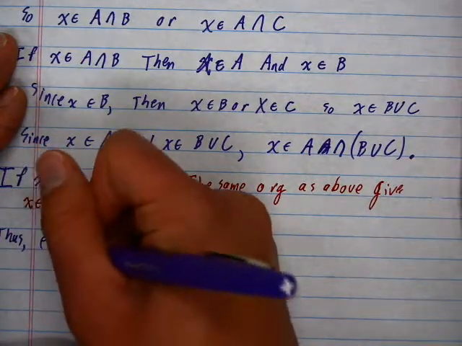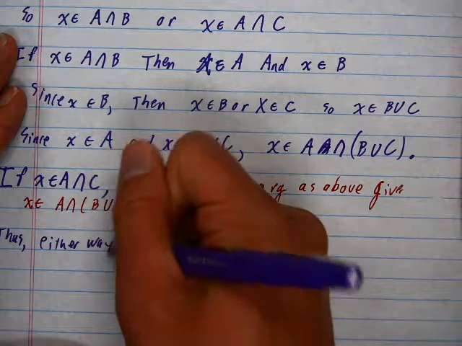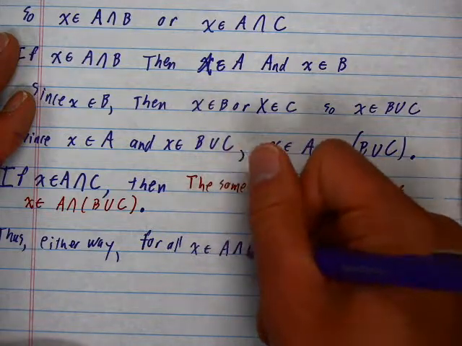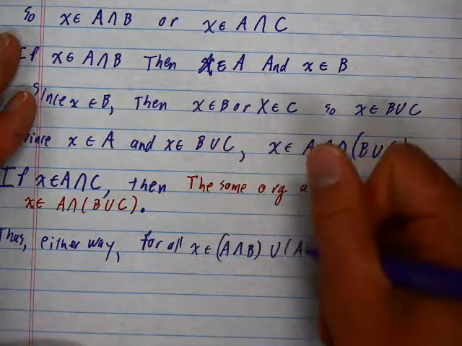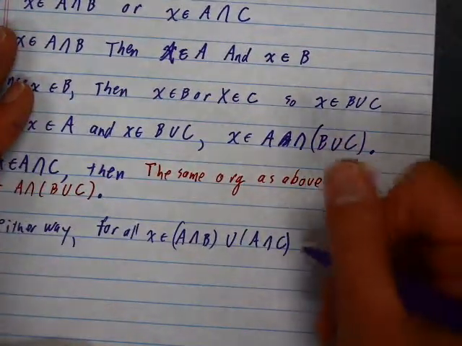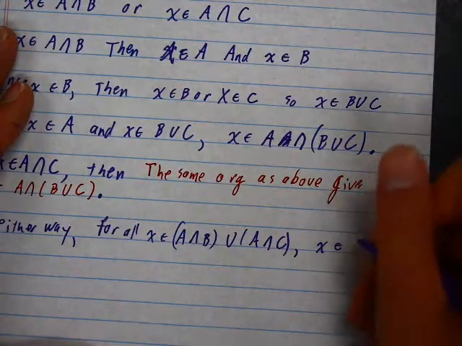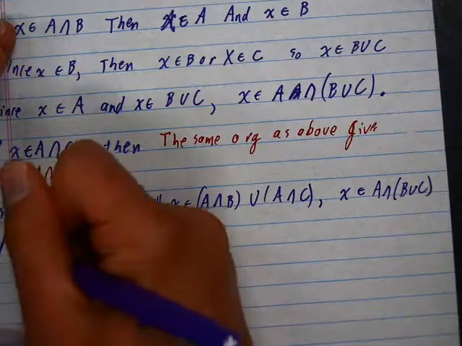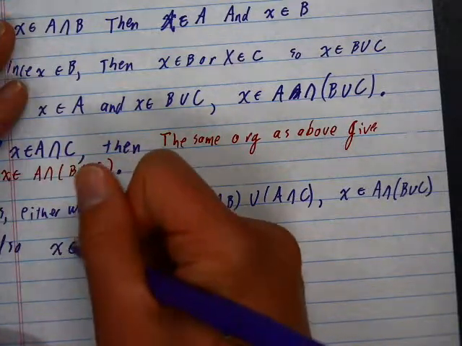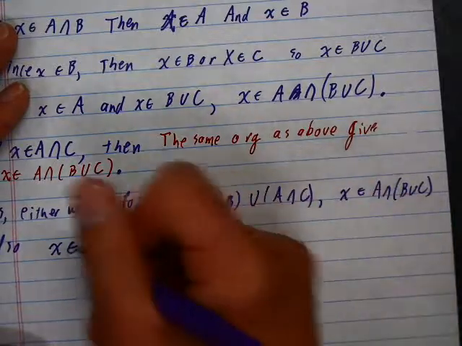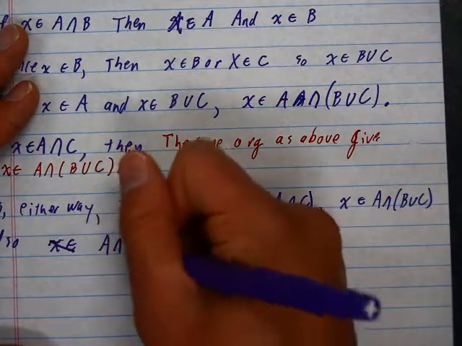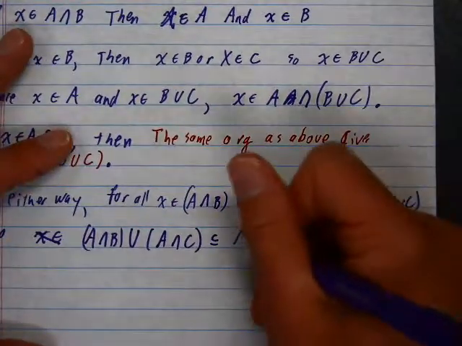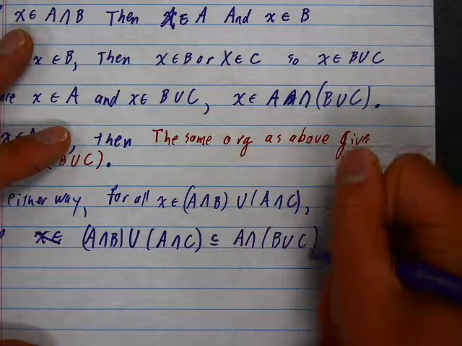Thus, either way, for all x in A intersect B union A intersect C, it follows that x is in A intersect B union C. And so A intersect B union A intersect C is contained in A intersect B union C, which is exactly what we needed.